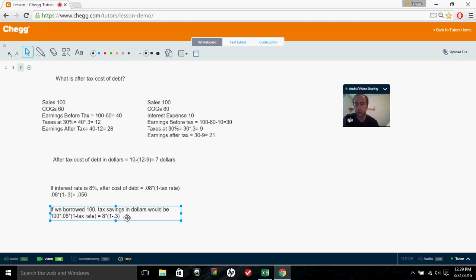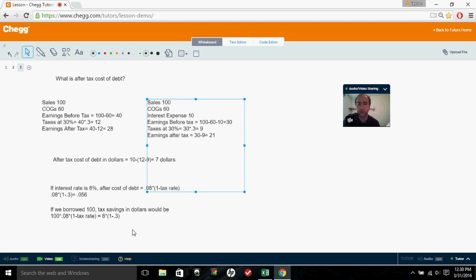So for instance, to make this more concrete, if we borrowed $100, our interest expense each year would be $100 times 8%, or $8. But since those $8 are tax deductible, we're paying 30% less in taxes. So our effective interest expense is really only $8 times 1 minus 0.3, or $5.6.